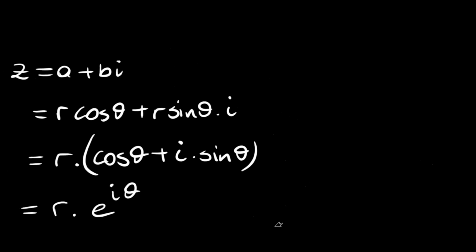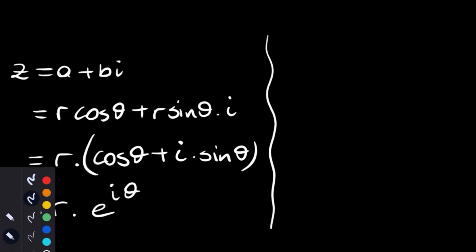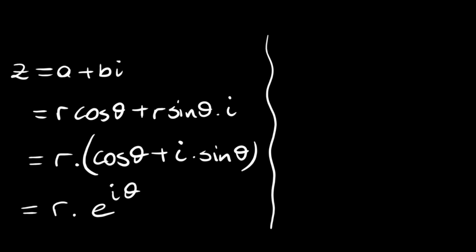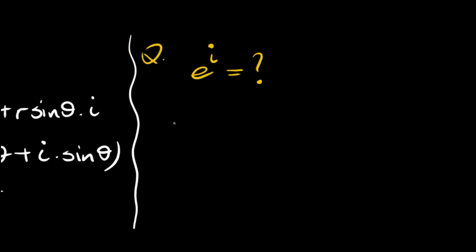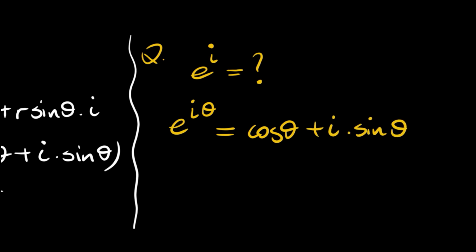Now, we will use this to find this e to the power of i. The question is, e to the power of i is equal to what? Now, as we found, let me write again. We have e to the power of i theta is equal to cosine theta plus i times sine theta.